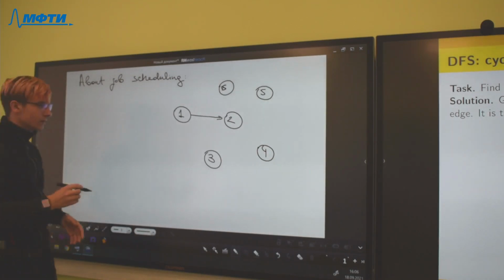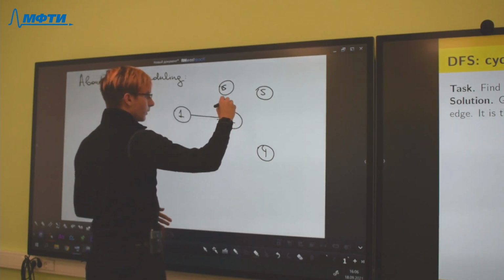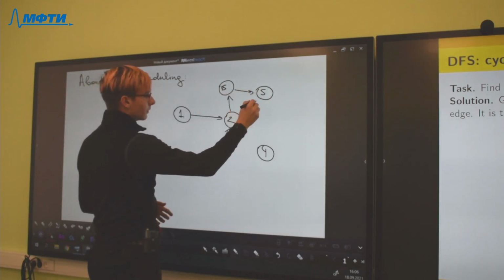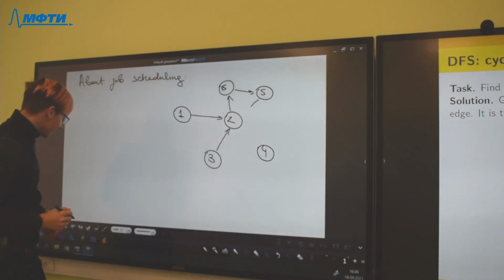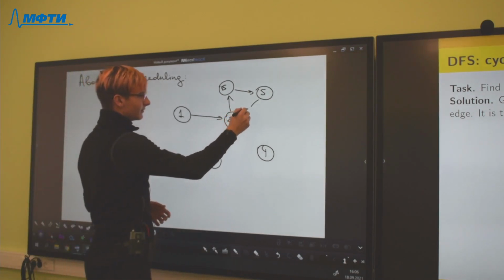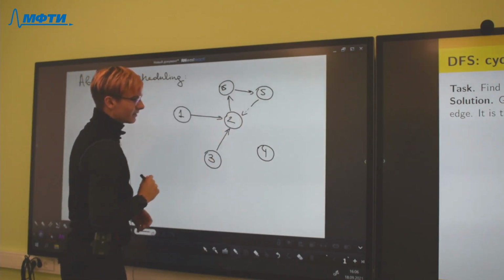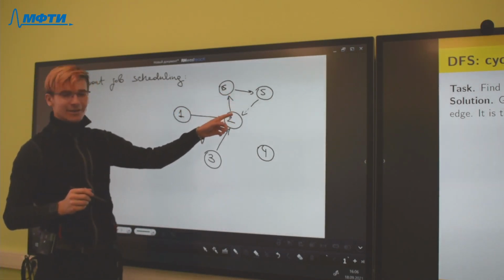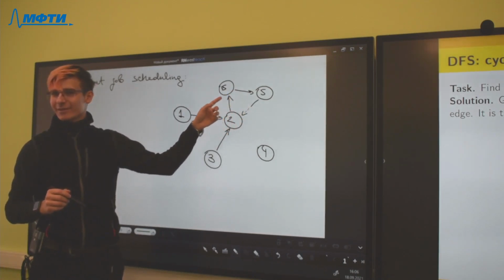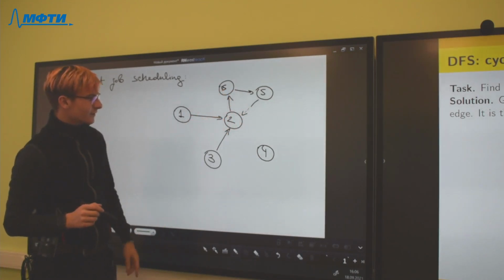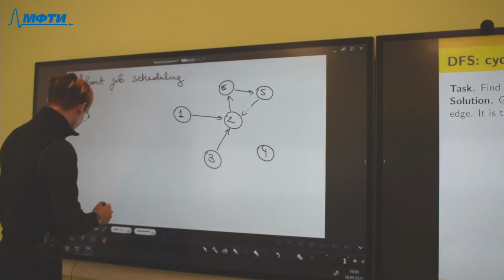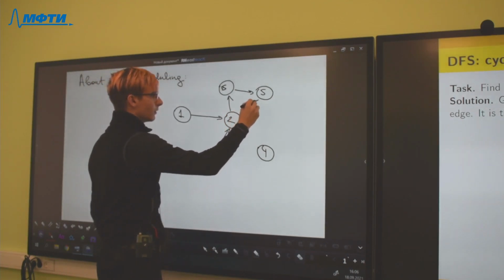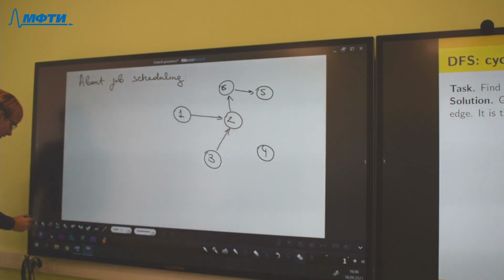Okay? And so we write the dependencies of the tasks. Yep. And of course, we try to avoid cycles, because we cannot solve cyclic tasks without doing them at the same time. So we assume that this graph has no directed cycles.